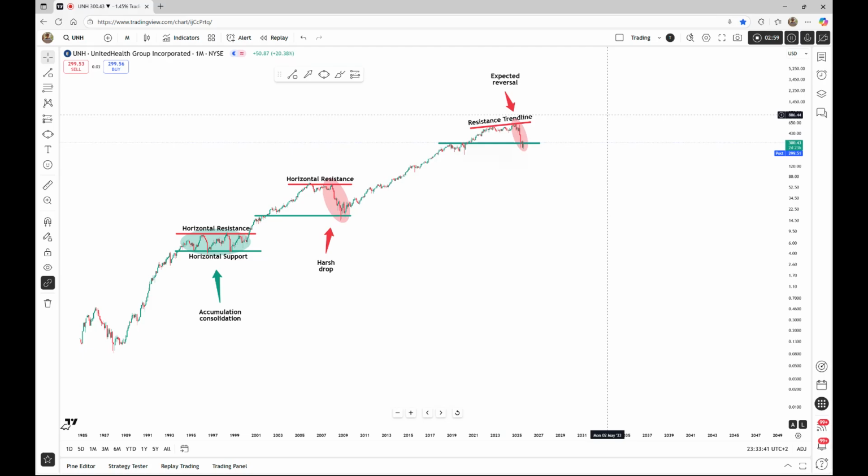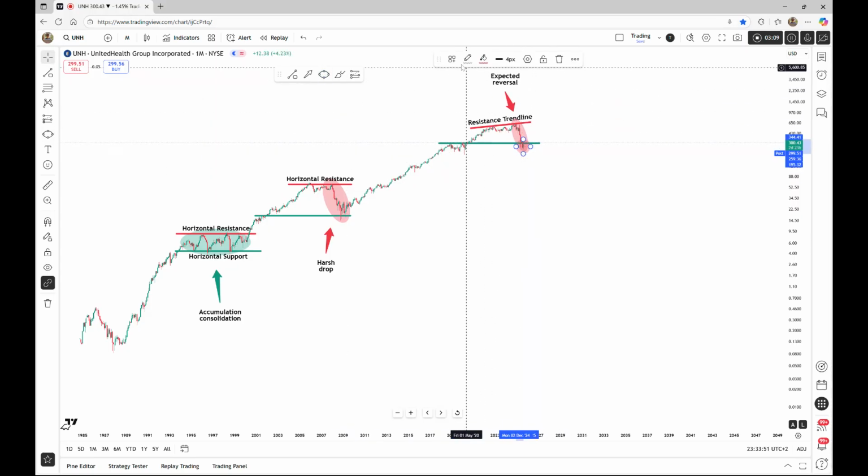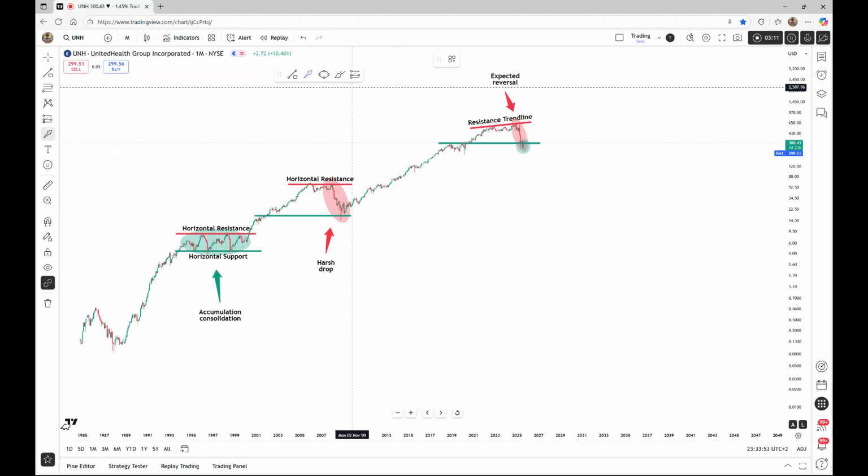First of all, we do have a substantial horizontal support at this psychological $300 level, which was simply previous resistance, which is now turned support on the retest. Therefore, just looking at this bullish break and retest, I already do expect a rejection away towards the upside, and we are positioning ourselves accordingly with Academy traders.